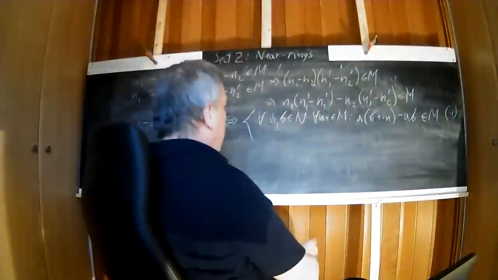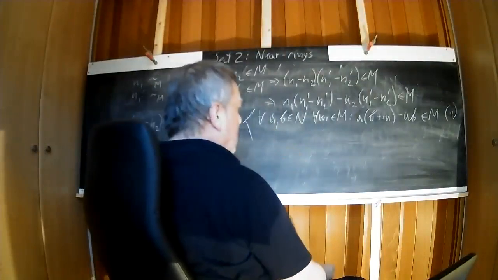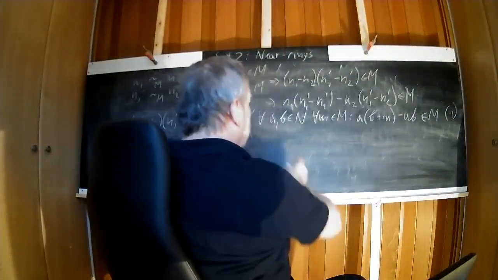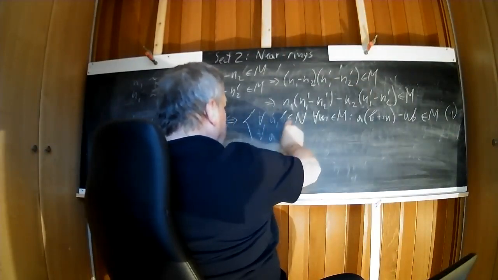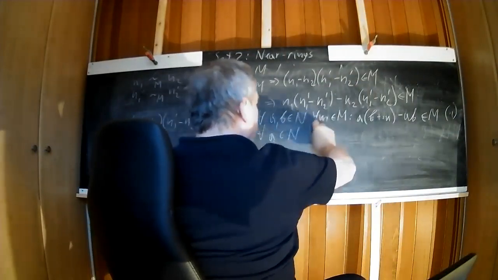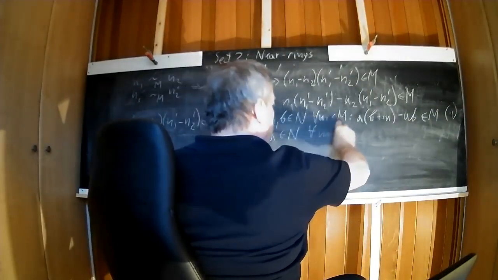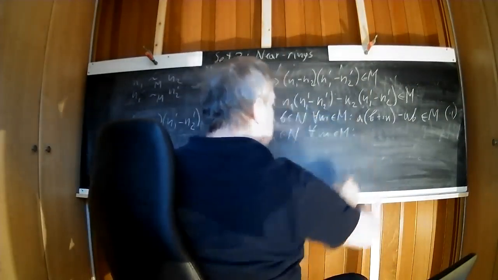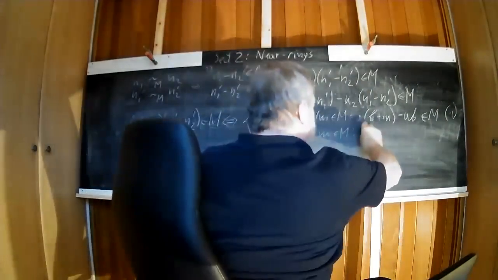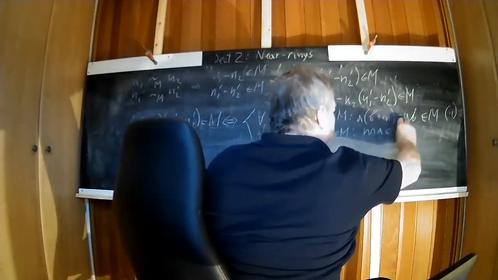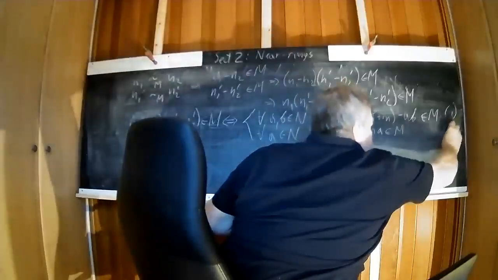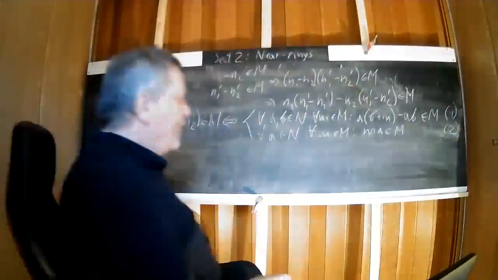And for all A in N and for all M in M, we have the condition that M times A must be in M. So that's condition number 2.